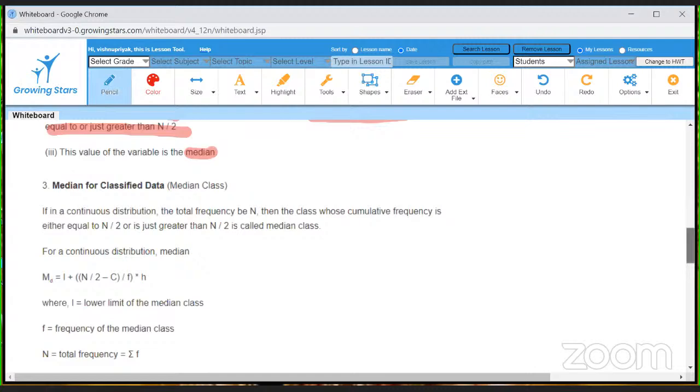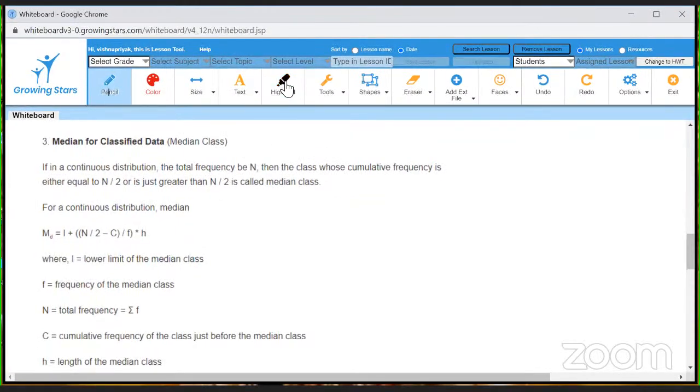This is when you have classes. If you have classes, how to find the median? The formula for finding median is L plus n by 2 minus C by F into H. Now, what is all this?